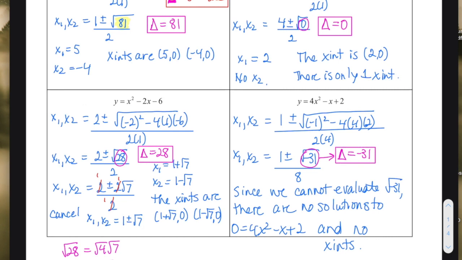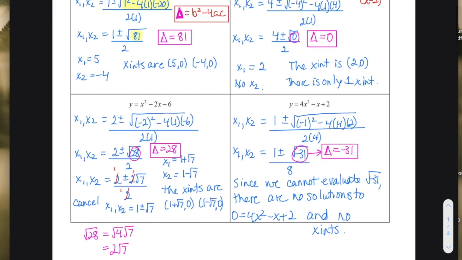So hopefully by now you can see that the value of the discriminant actually has a relationship with how many x-intercepts there are in our graph. So let's just recap this. We can see that our discriminant in these two cases is greater than 0. Our discriminant here is equal to 0, and our discriminant here is less than 0 because it's a negative number.